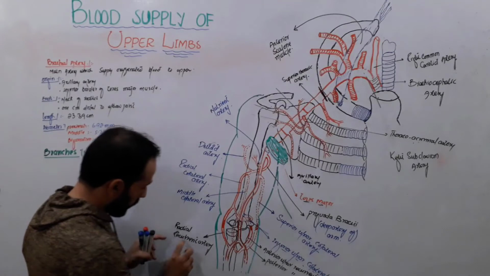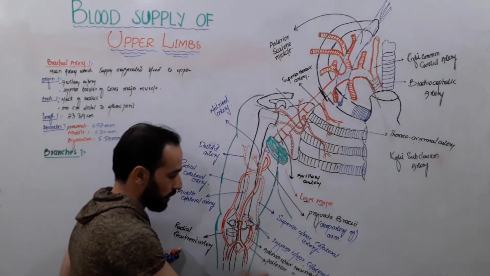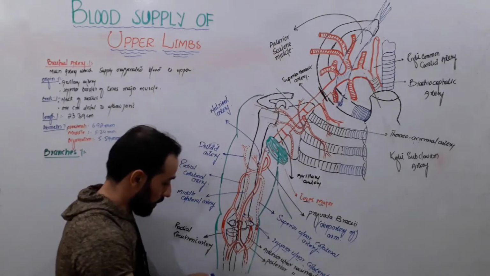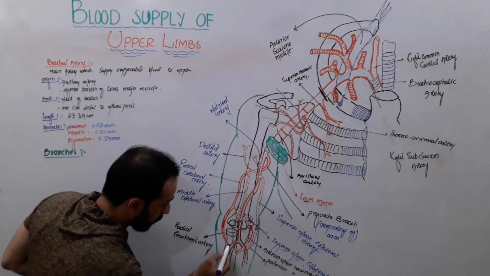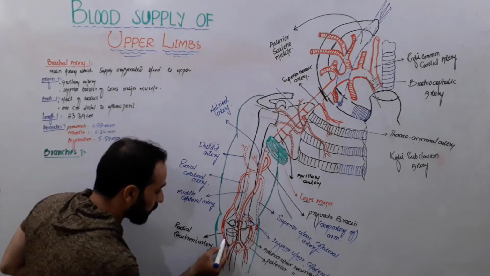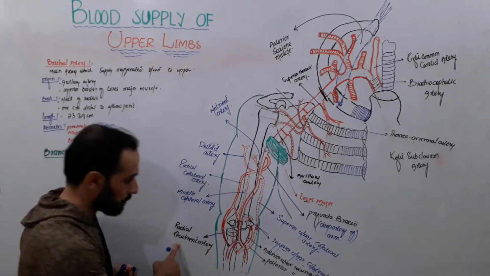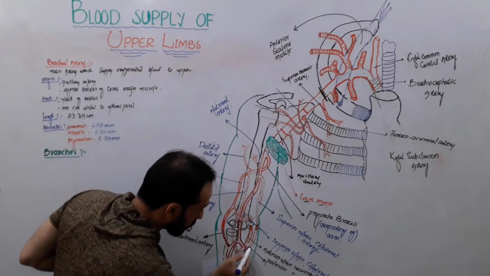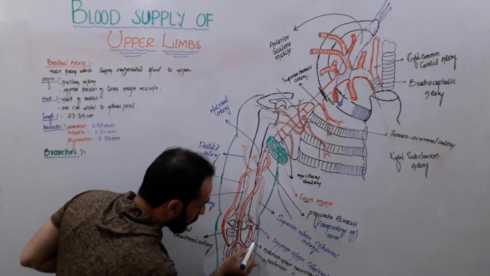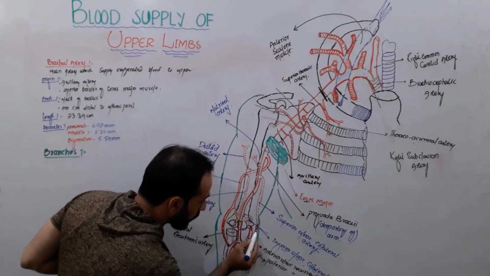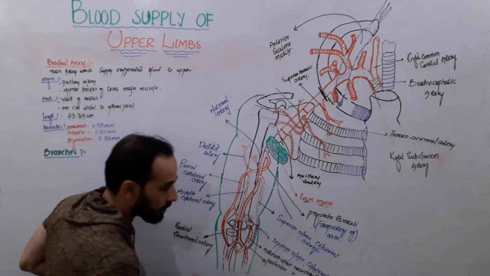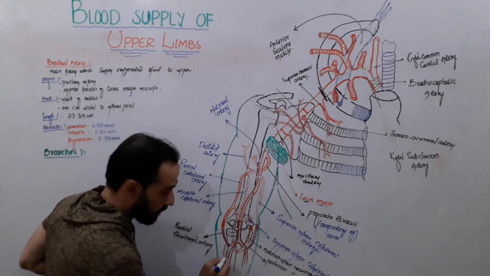So look carefully what happens. These are the recurrent arteries which I have named in black color. And look, I will show you all these arteries like this. This is the recurrent artery called the radial recurrent artery. This is the posterior ulnar recurrent artery, and it anastomoses with the superior ulnar collateral artery.